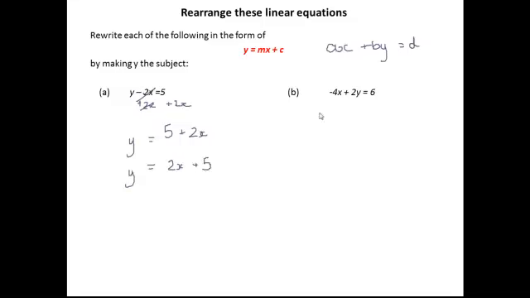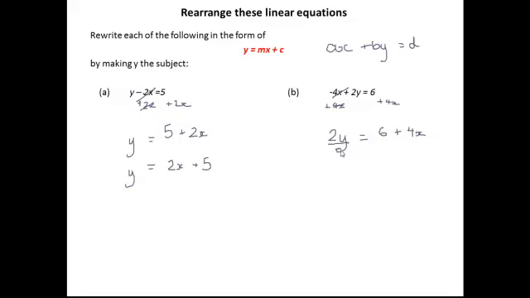Okay, let's take a look at b. In this case, again, I want y on its own. So the first thing I'm going to do is add 4x to both sides. Add 4x, add 4x. That gets rid of it here. So I'm left with 2y is equal to 6 plus 4x. Okay, but I don't want 2y, I want y on its own.